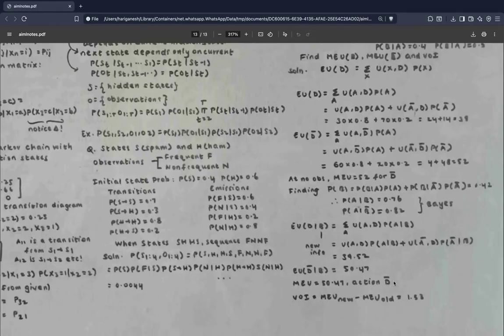The action that you have to take is D bar because that is the action that leads to the most value. The value of information is MEU new minus MEU old, which is 50.47 minus whatever the max value was before, 52. So that gives you 1.52. So yeah, that's all.